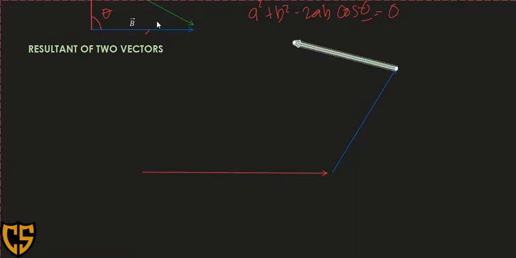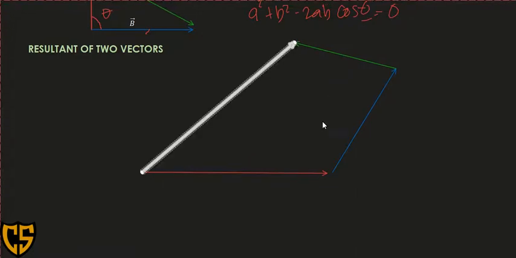So in order to find your resultant vector, what we will do is from our origin, we project to the ends of our vectors. So this will be our resultant vector.